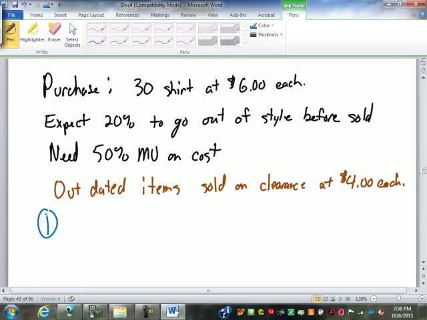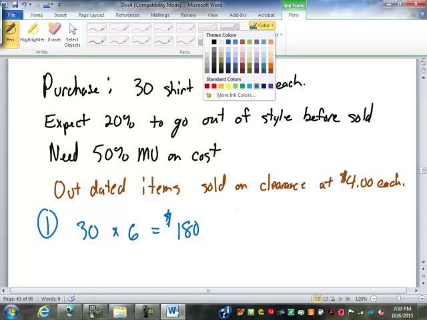So again, step 1, total cost. 30 shirts times $6 each, it's $180 total.